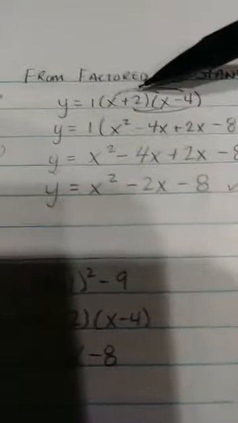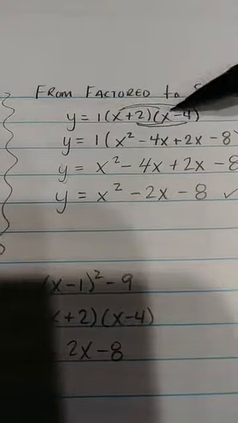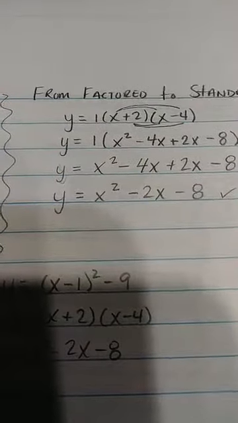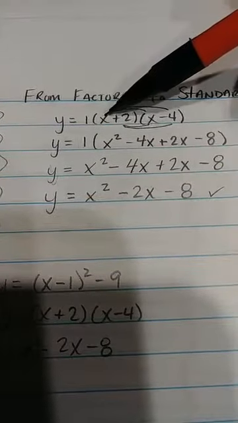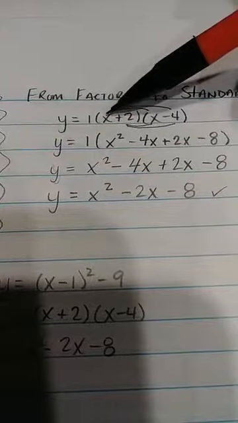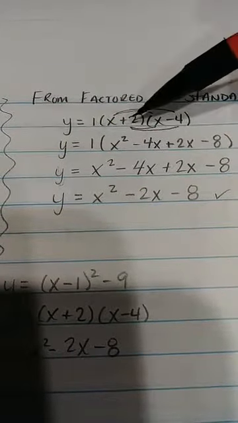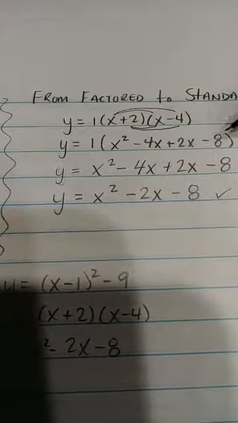Let's come over here. X squared plus 2, x minus 4 with an a value of 1. So these are my factors. This is the factored form. Now let's double distribute. You can use the box. X times x is x squared. X times negative 4 is negative 4x. 2x is what you get when you multiply 2 and x. And then 2 times negative 4 is negative 8.